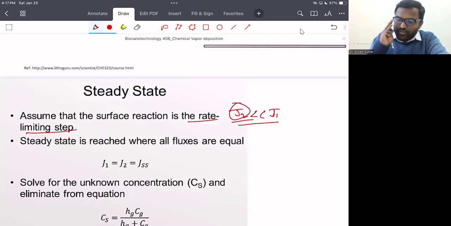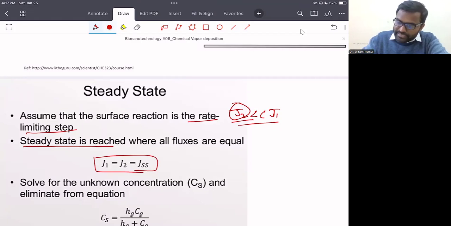At these particular conditions, we will have steady state conditions, and overall the rate of the reactions is limited by J2. In that condition, J1 is equal to J2, and that is the steady state flux.